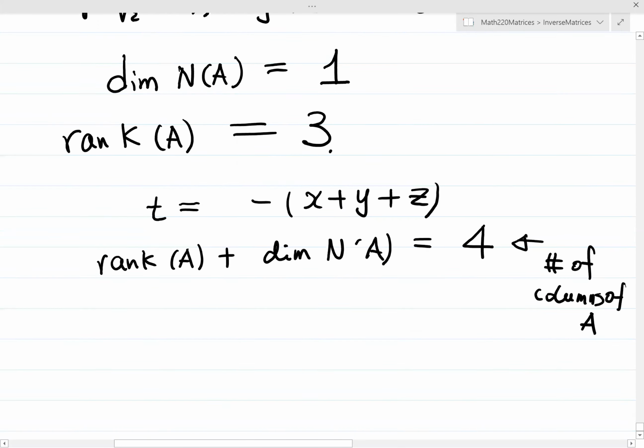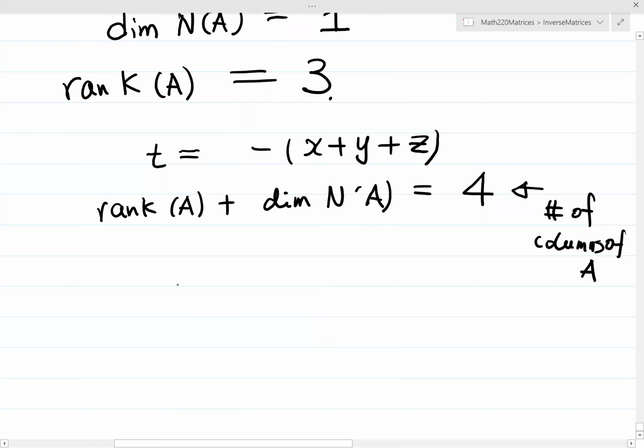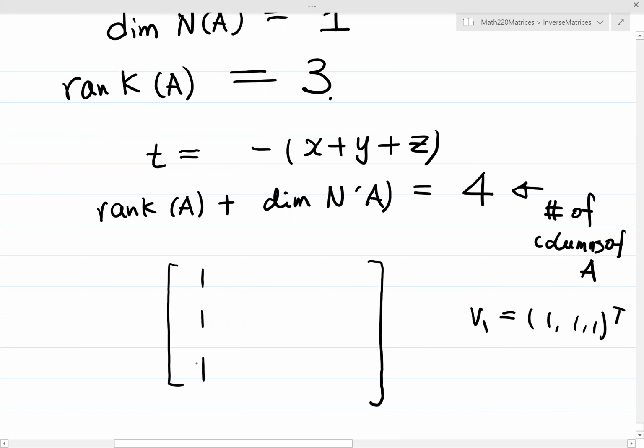Okay, so for instance, we choose this. So the choice of A is far from unique. For instance, let's choose this one. So we need a vector v1 that is in the column space. We can also choose x, y, z to be this.